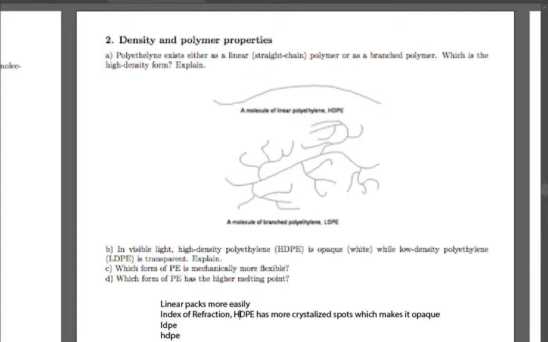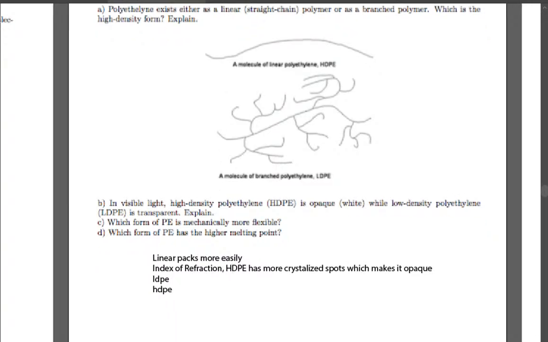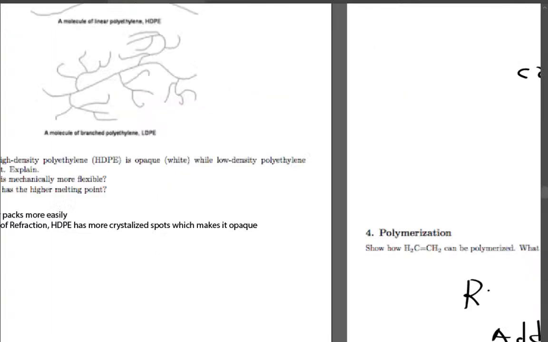Unfortunately, I cannot really tell, but I would say that the low density one should be much more flexible because of its branching, which means that the chains can shift from one to another. Well, that is my answer for number two. I hope that's correct.